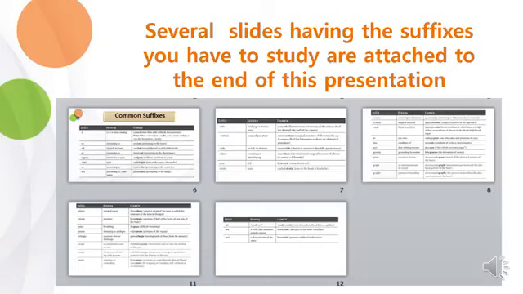Also, I have attached several slides containing the most commonly used suffixes that you have to study.